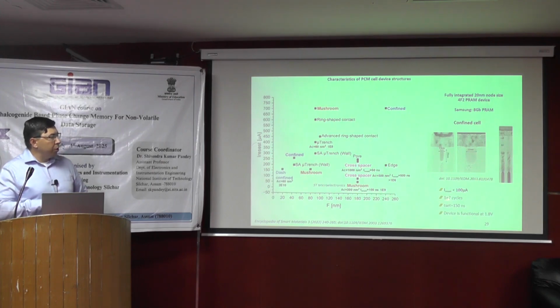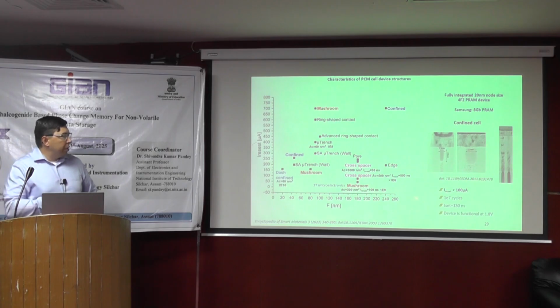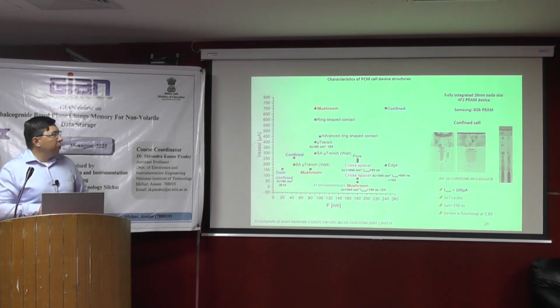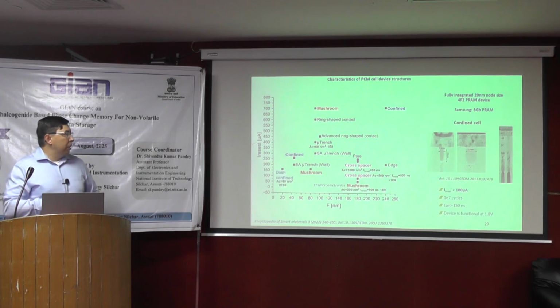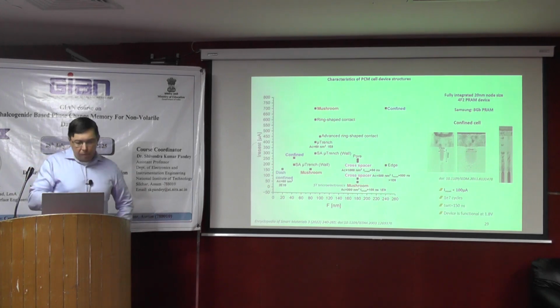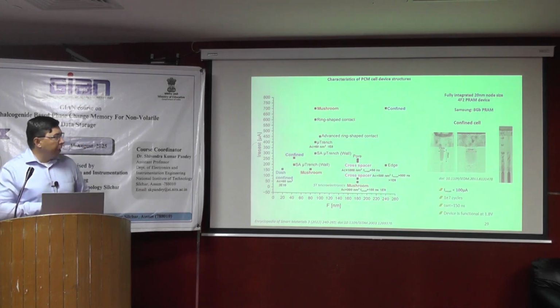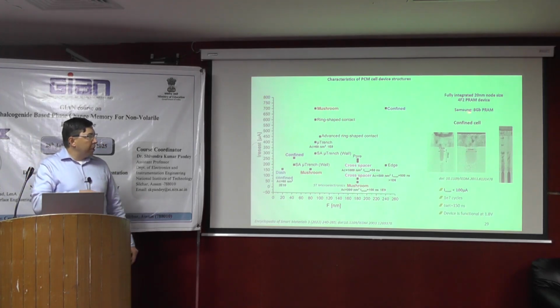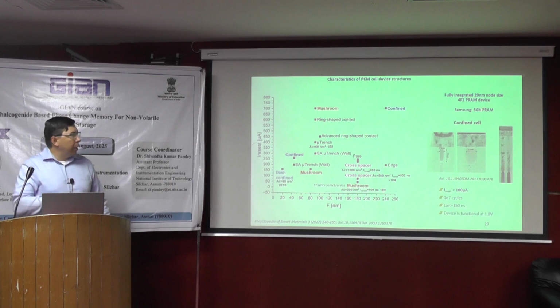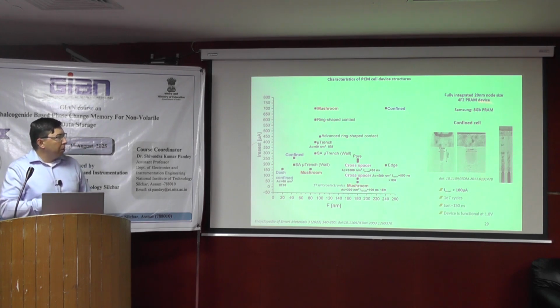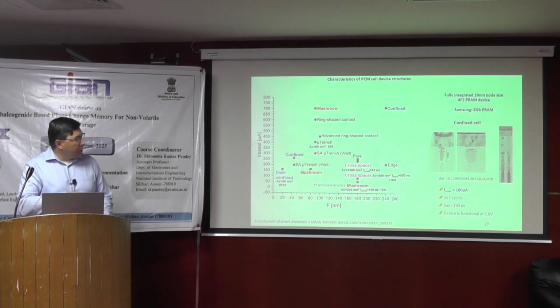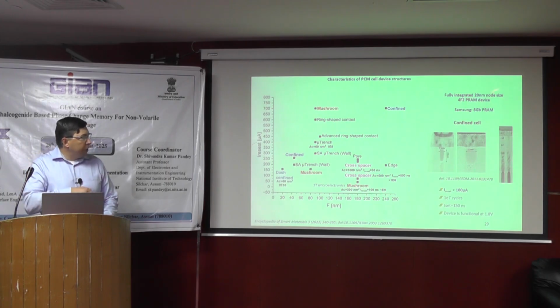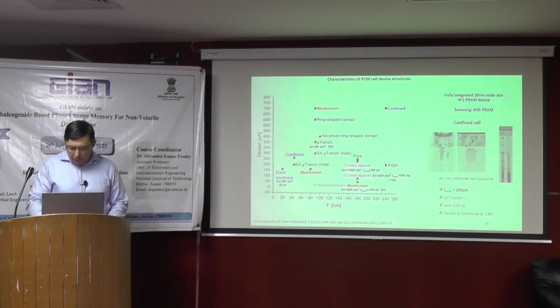Cycling endurance here was 10 to the 7 cycles, set current 150 nanoseconds, and the device was operating at 1.8 volt. It was actually produced by Samsung, and it was an 8 gigabyte PRAM cell using this 4F2 technology on a 20 nanometer node size.